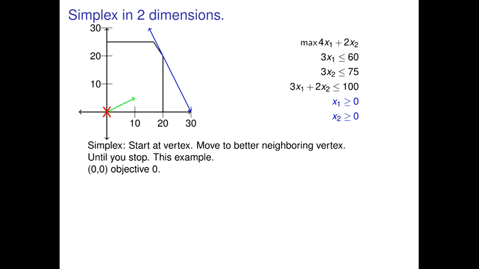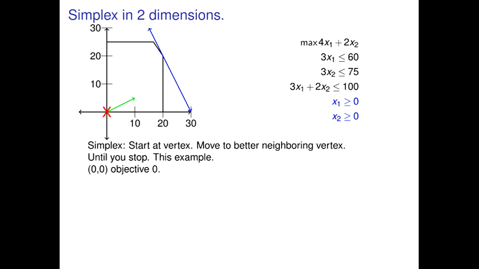Now, what is a neighboring vertex? A neighboring vertex is one that's on one of the same lines, right? You drop one of the constraints and you move along the line. So these are the two, the one at 20, 0 and 0, 25. Those are 2 vertices. Okay?